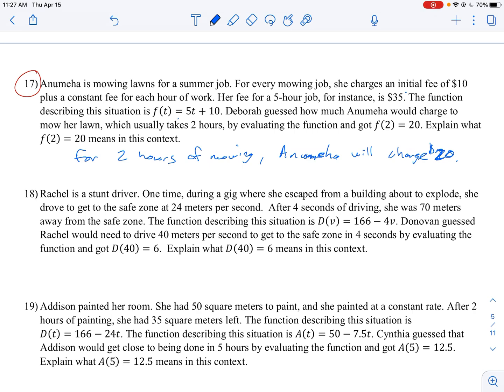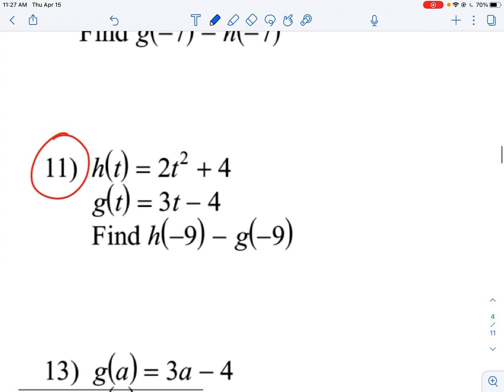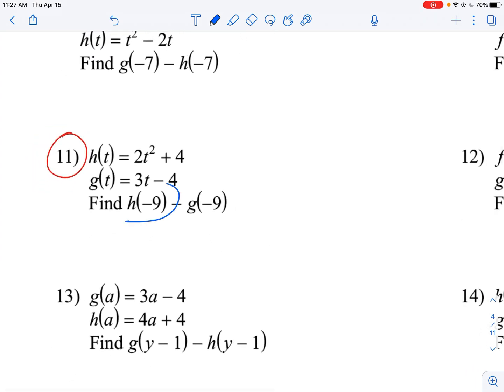You just have to read the situation and figure out what your input variable is, what's making the value go up and down, and that goes in the parentheses there, and then what's the result out of the function. Another thing we dealt with was if you have multiple functions being evaluated.